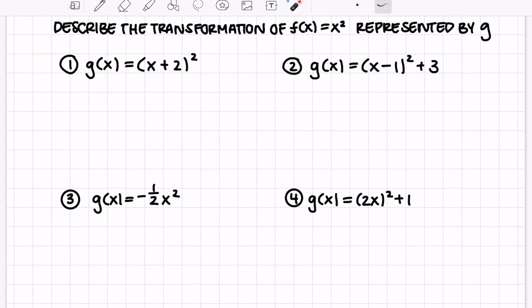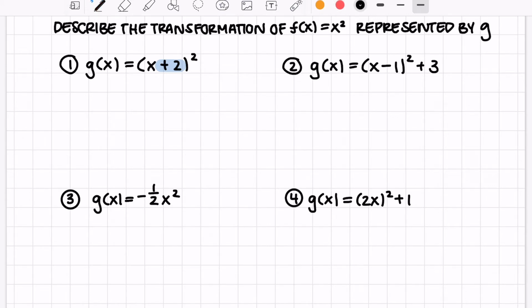It says that we have g of x is equal to (x plus 2) to the power of 2. Whenever we have a number inside of the parentheses, that means it's either going to be moving to the left or to the right. And since it's the plus 2 sign, our translation is going to be moving 2 units to the left.